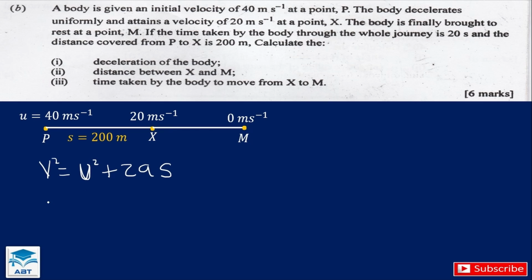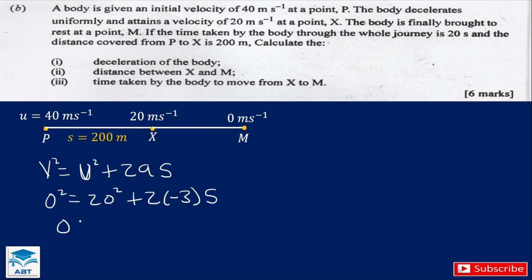So the final velocity is 0, so we have 0 squared. Initial velocity 20 squared plus 2 times the deceleration, which is negative 3 meters per second squared, times the distance we are looking for.